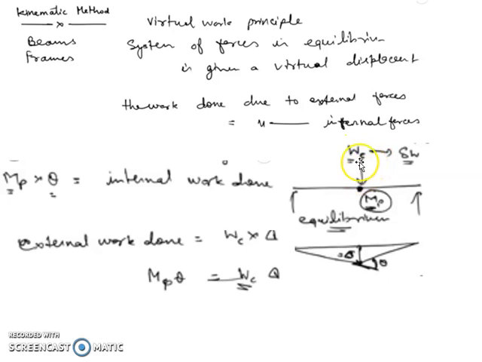External work done is nothing but load into displacement, WC into delta. Internal work done is nothing but how many plastic moments are developed. At the center only, the plastic moment into rotation. So external work done equals WC into delta, and internal work done is nothing but MP into theta. So equating these two, we will get the WC.